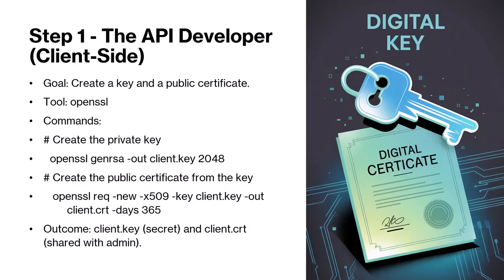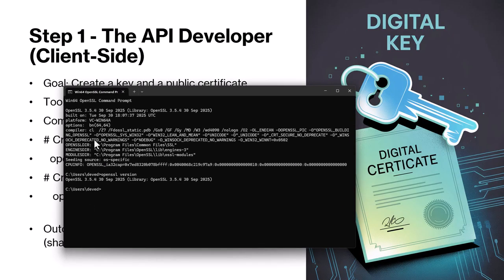The outcome will be a client key and client certificate shared with the admin. So next I issue this command on the OpenSSL command prompt, and it has already created it. Bear with me, I will just verify its creation, and then I go to the next command.